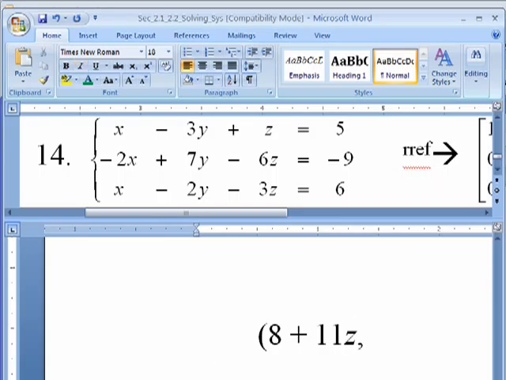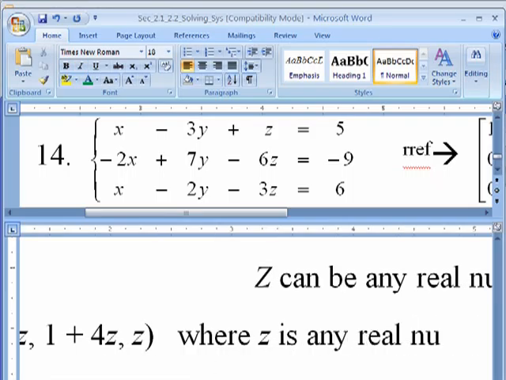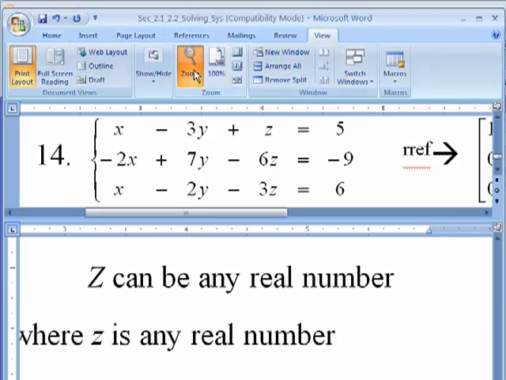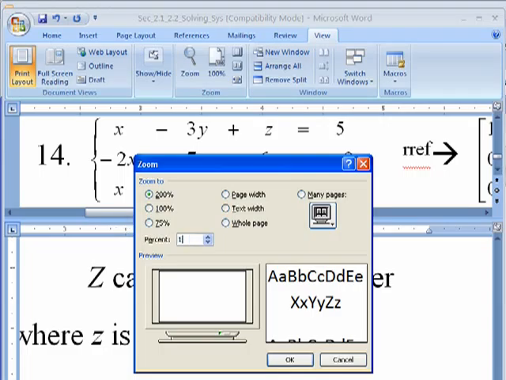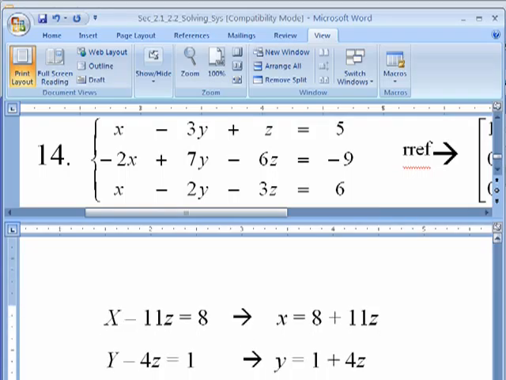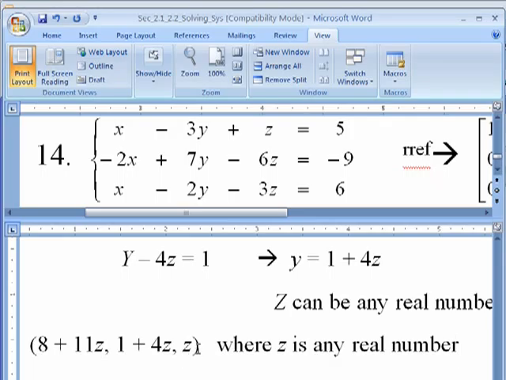And then if you look back, y is 1 plus 4z, and then z is just equal to z. And then you might say at the end of that where z is any real number. So here, when I have the solution, everything is in terms of z, or the last variable.